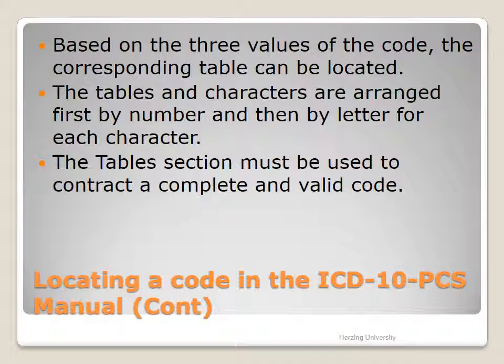In some tables, the coder will notice that the table contains various rows. When selecting characters from a given table, characters can only be selected from a single row. The tables and characters are arranged first by number, then by letter for each character. The table section must be used to construct a complete and valid code.